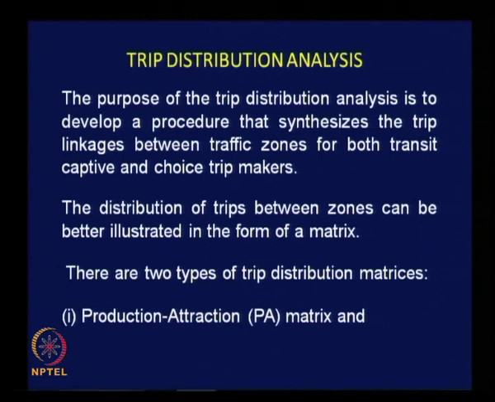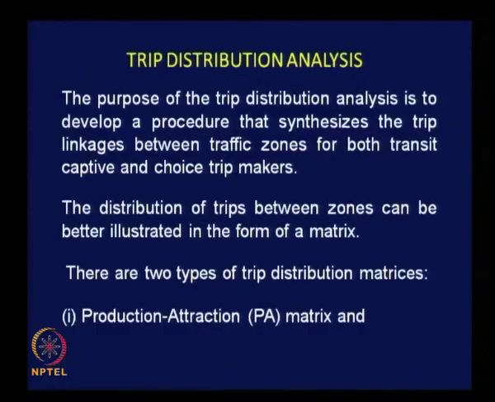But please remember, later on when you get into step 4 for traffic assignment, we need to know the direction of movement also, the exact origin and destination. To give input for route assignment analysis, we may have to prepare another matrix named OD matrix, origin destination matrix.